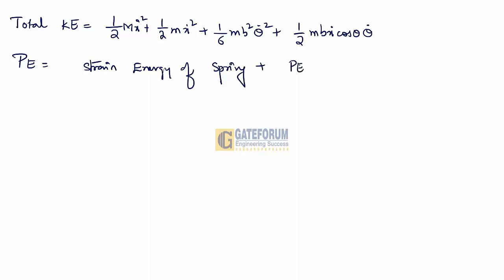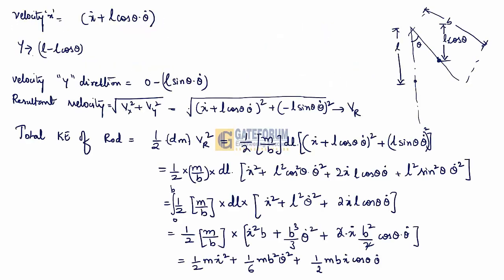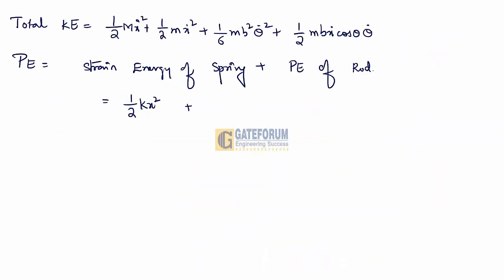Right, so the strain energy of the spring will be equal to, this spring is stretched by kx, so this will be half k x square, and the change in the potential energy is in the y direction. It is shifted by a distance of L minus L cos theta.